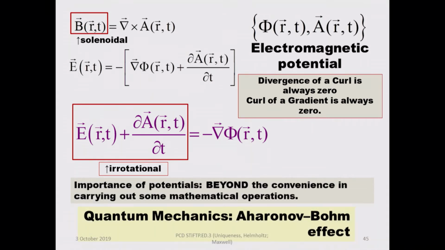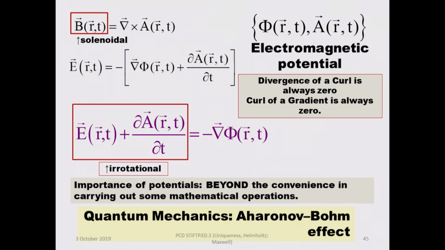The potentials become extremely important in quantum mechanics. If you are not getting into the domain of quantum mechanics, one might suspect, okay, what is the use of these potentials, because I can add anything to the potential and still get the same field, because the field is only the gradient of the potential. So the gradient of a constant will go to 0, so it does not matter.